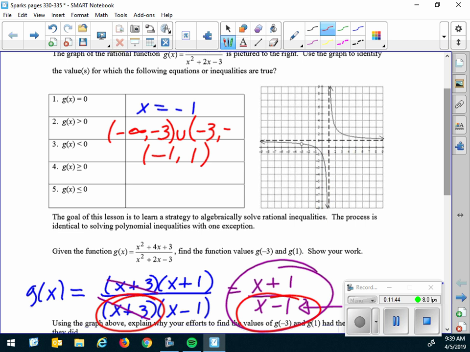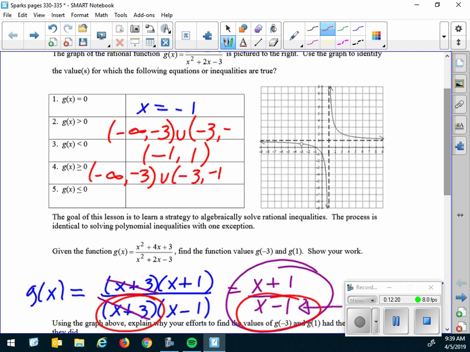Look at the next question. Where is g of x greater than or equal to 0? So you're telling me that it's just like number 2, except what, Maria? The bracket on negative 1, because negative 1 is included this time. Good. So we're going to have negative infinity to negative 3, and negative 3 is still not included.